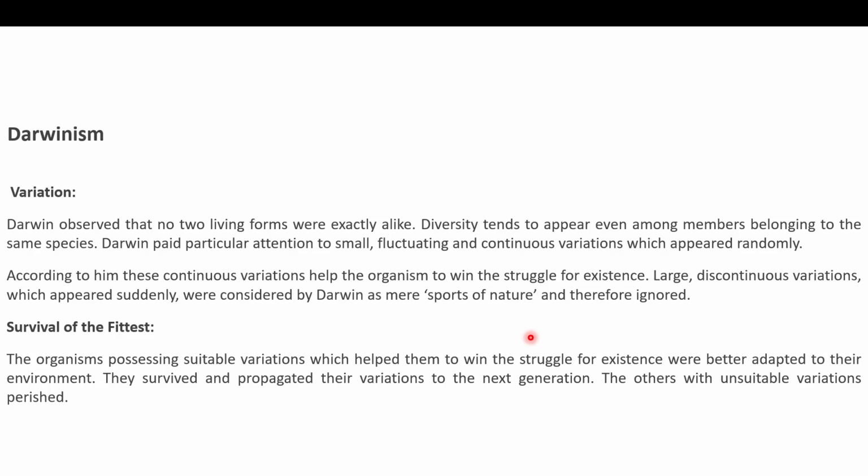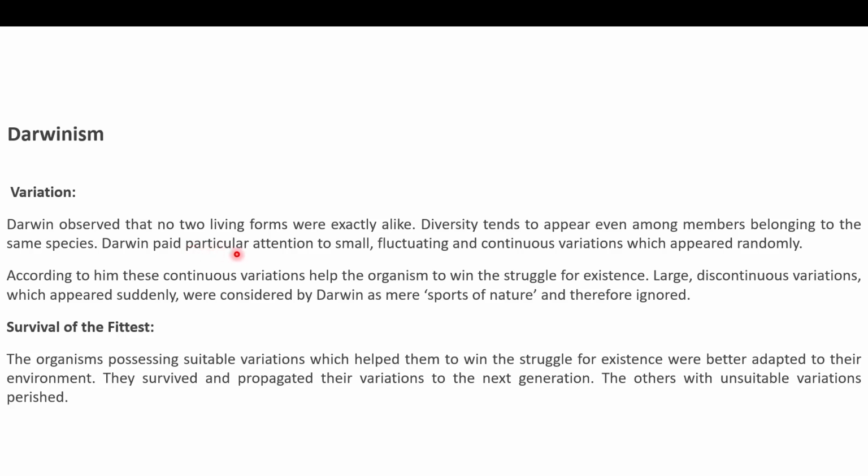And then finally came Darwinism, which is widely accepted and scientifically really supported. It is based on variations. Darwin observed that no two living forms were exactly alike. Diversity tends to appear even among members belonging to the same species.